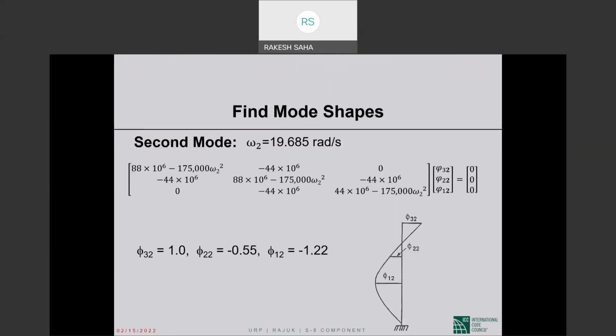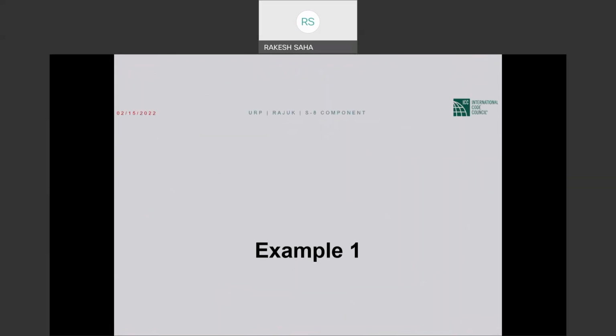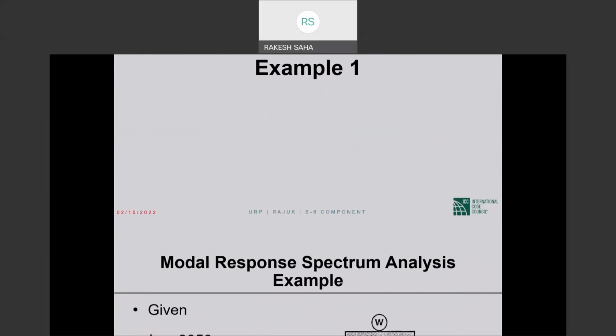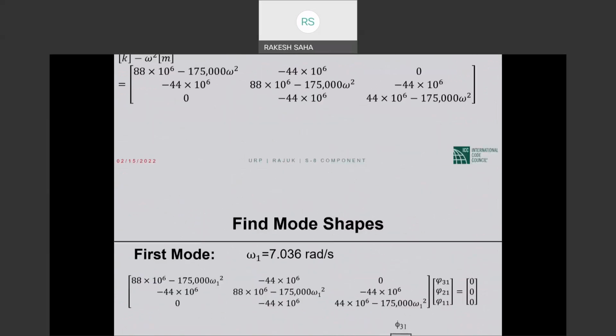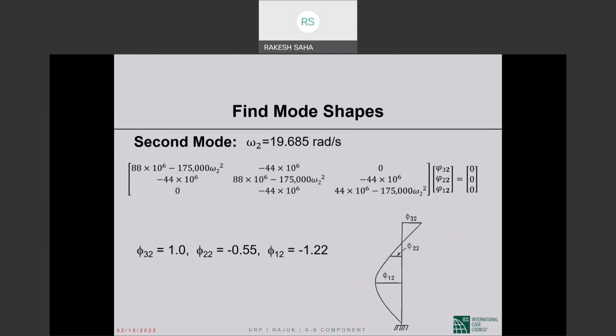It is 1719 per floor. So 3 times that would be the total weight, 5157, right? 3 times 17 is 51, 3 times 19 is 57, 5157 kilograms is the total weight.